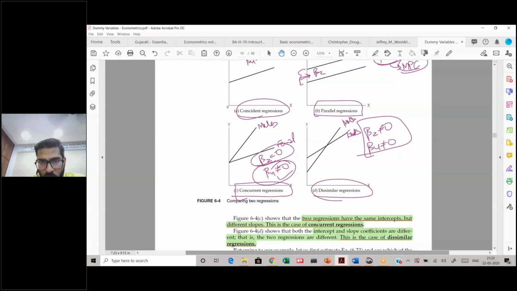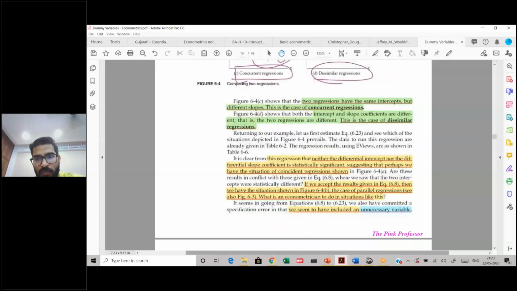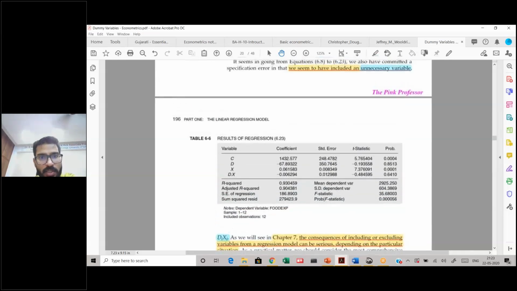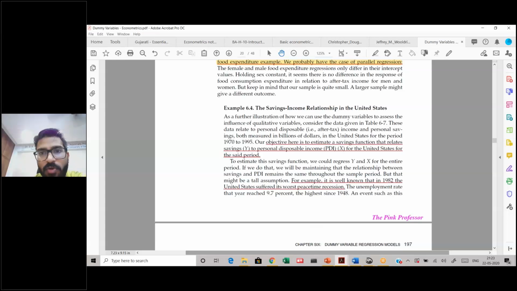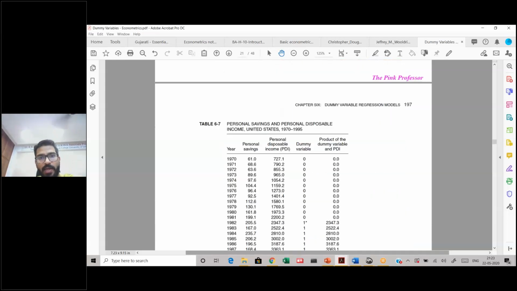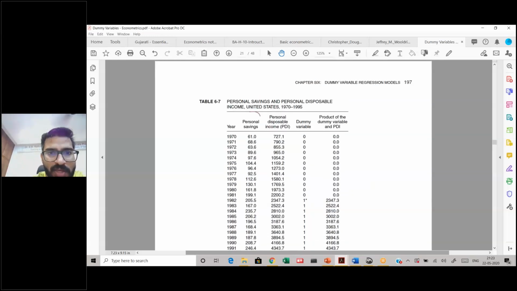When you do this analysis for a structural change, I wanted to discuss with you a case of the savings-income relationship in the United States. The example here is personal savings regressed on disposable income as well as the year.